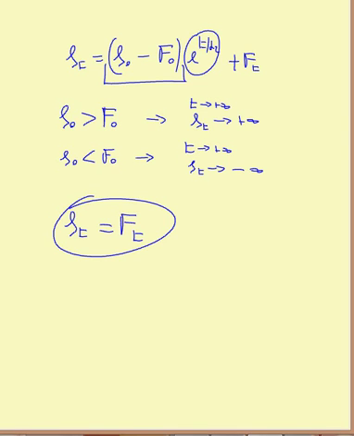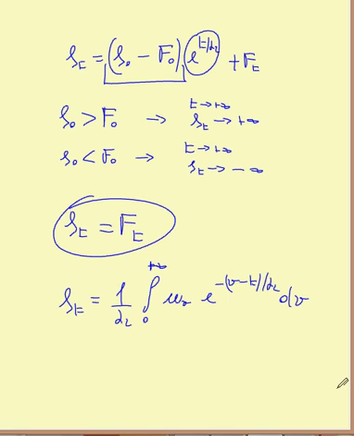So we need to impose the condition that St is equal to 1 over alpha 2 integral between t and plus infinite of omega v e to the power of minus v minus t over alpha 2 in the v, the discounted value of the economic fundamentals at time t.